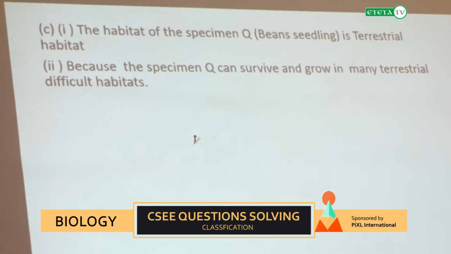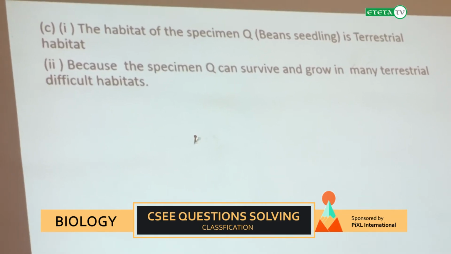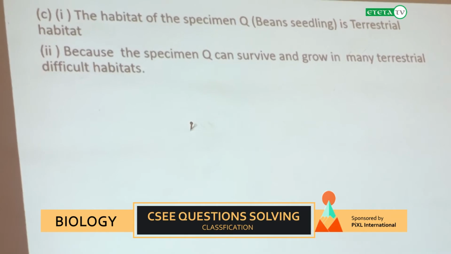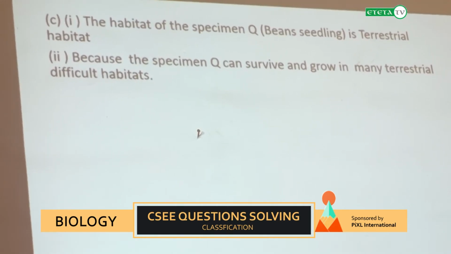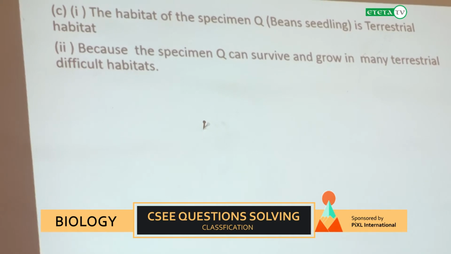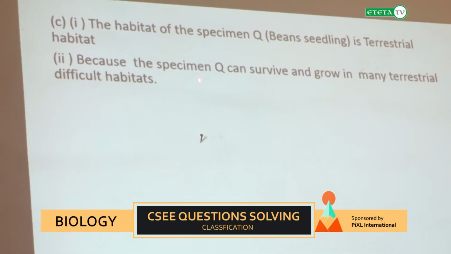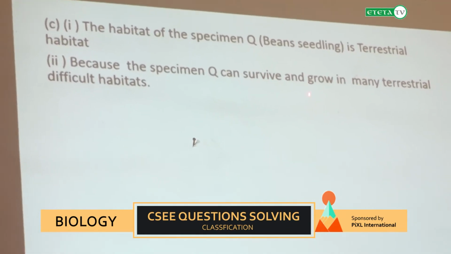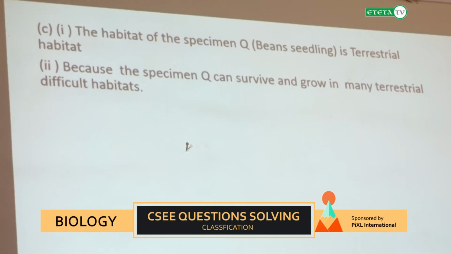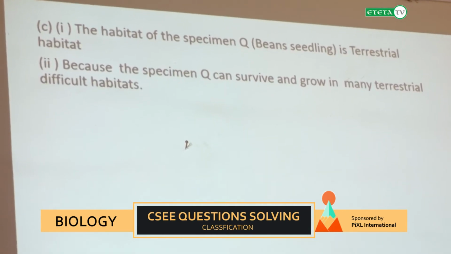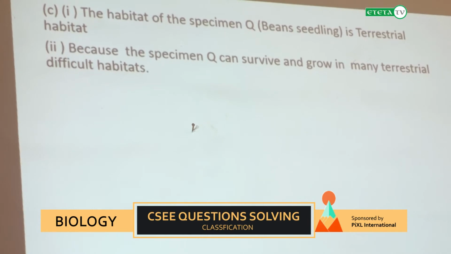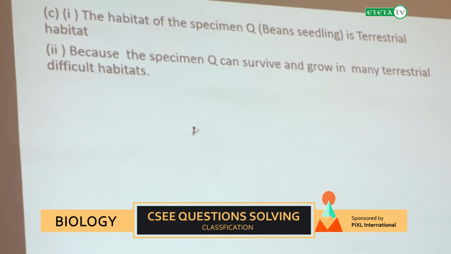Roman 2 says to explain why it is important for you, as a biology student, to know the habitat of the specimen Q. It is important because this kind of living organism can survive and grow in many difficult terrestrial habitats. They have a large range where they can survive and grow well, so it is important to understand their habitats, because it is very useful to us in our life.